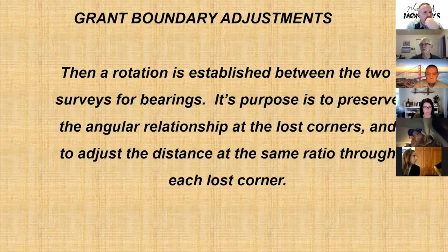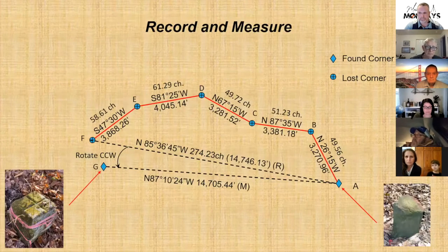So we're going to adjust the distances, but the angular relationship between lines, we want to keep that the same all the way around. We don't want to adjust that angular relationship also. And I'll show you what I'm talking about here.